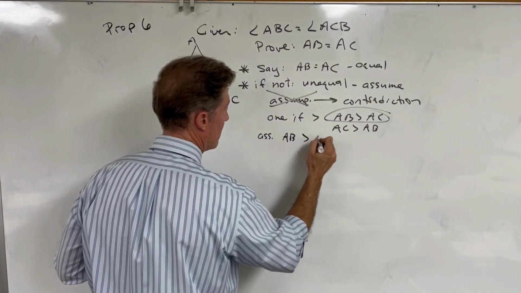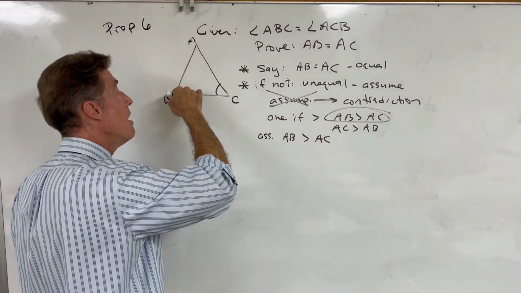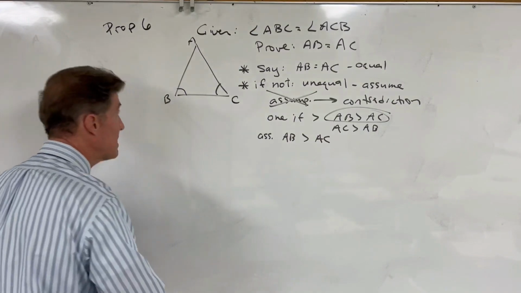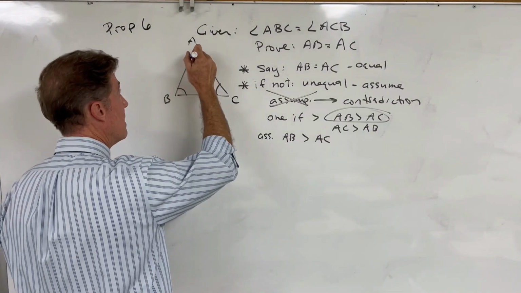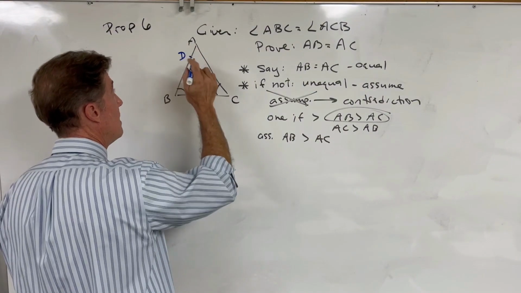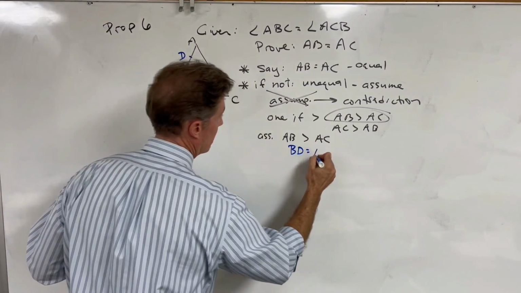AB greater than AC. Well, if AB is greater than AC, we can always cut off from the longer a piece equal to the lesser. So let's cut off a piece of AB, namely we'll call it BD. We'll make BD equal to AC.